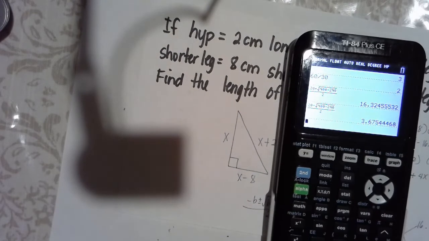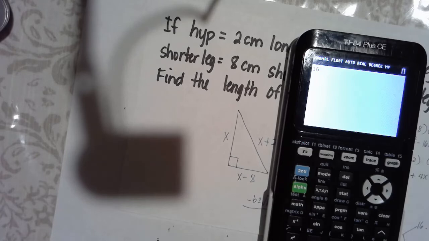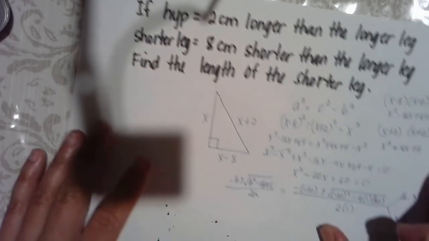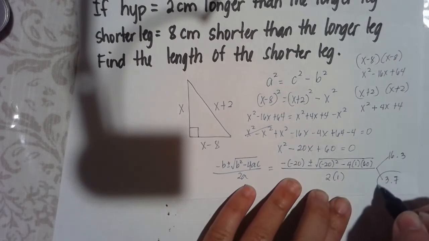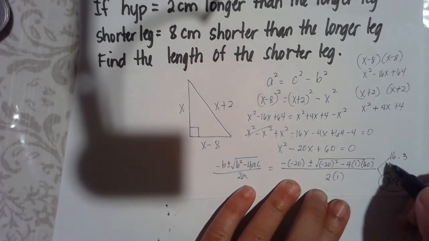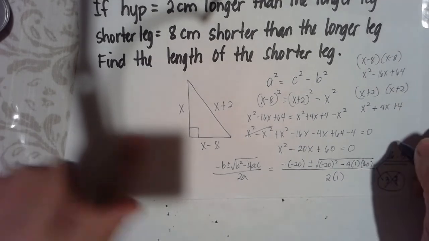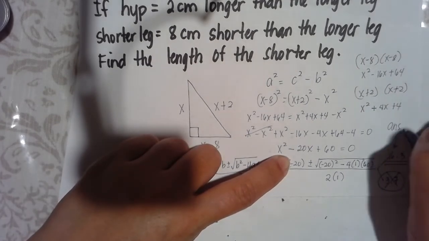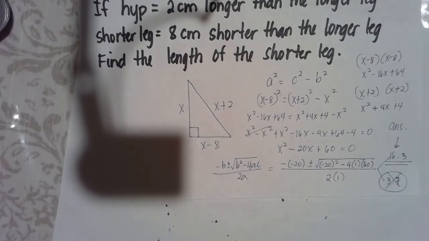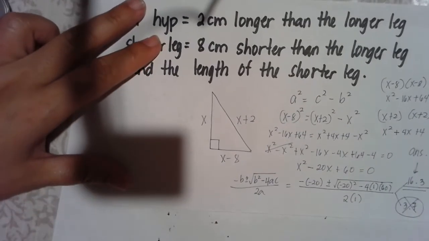Let's see. 16.3 minus 8 is 8.3, and 3.7 minus 8 is a negative, so I'm not using that one. I'm using 16.3 as the longer leg. This is my answer: my shorter leg is 8.3.